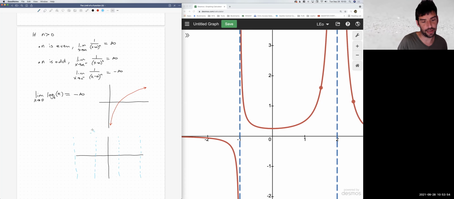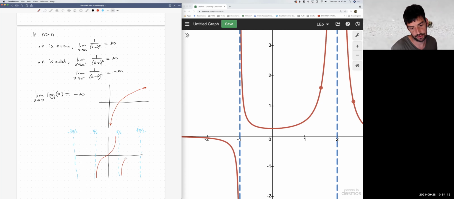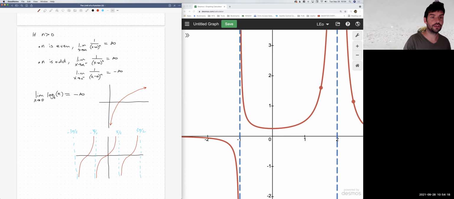So we have negative pi over 2, negative 3 pi over 2, positive pi over 2, 3 pi over 2. The graph of tangent, this is tangent of x, does this. It's got an infinite supply of asymptotes, right?